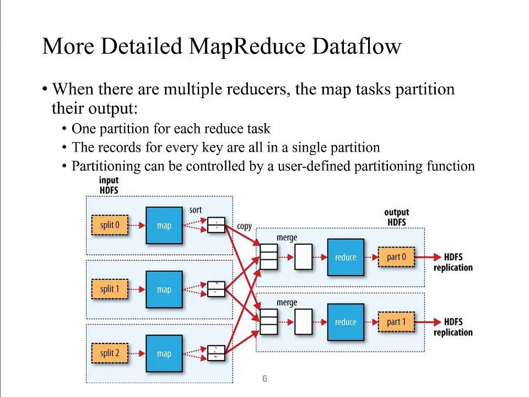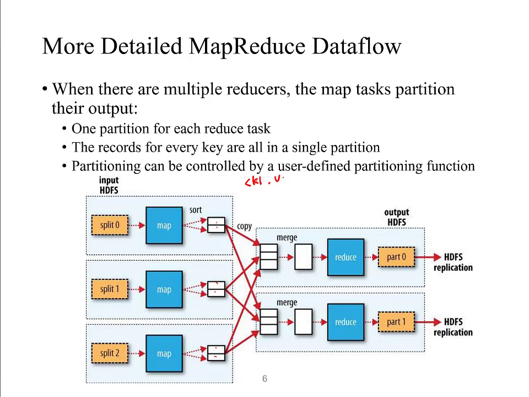And we need to guarantee that for each map task's output, one key could have multiple values, or could correspond to multiple key-value pairs.